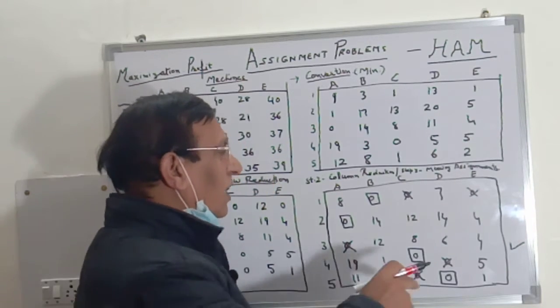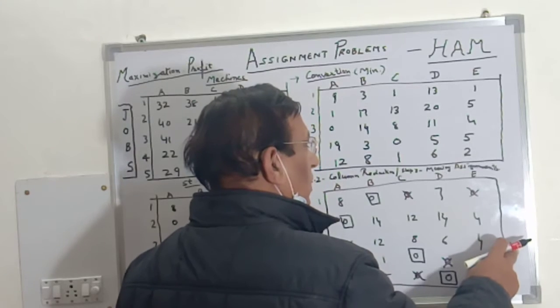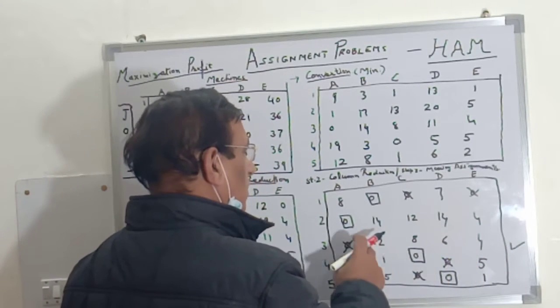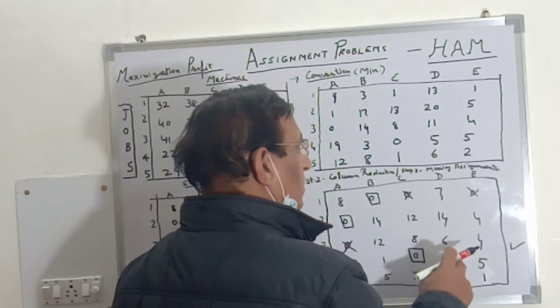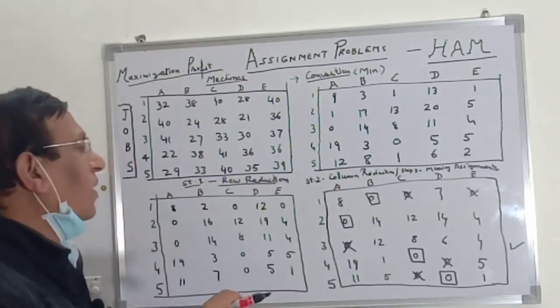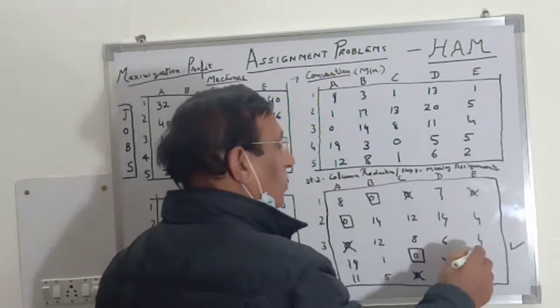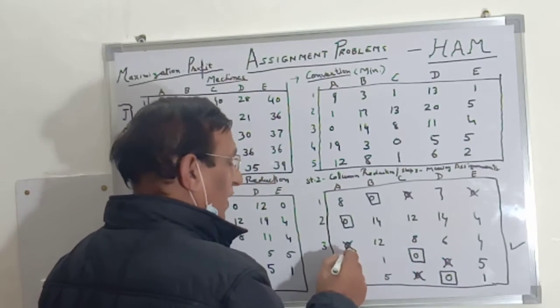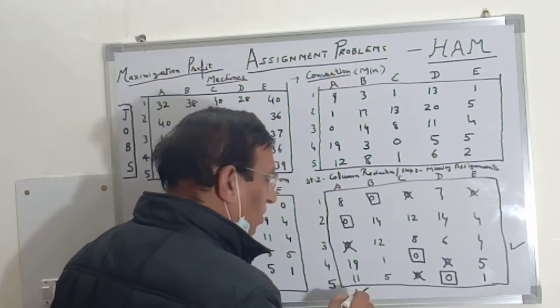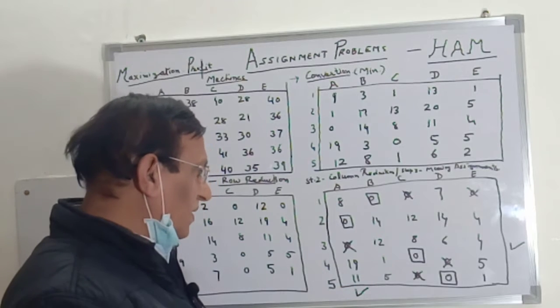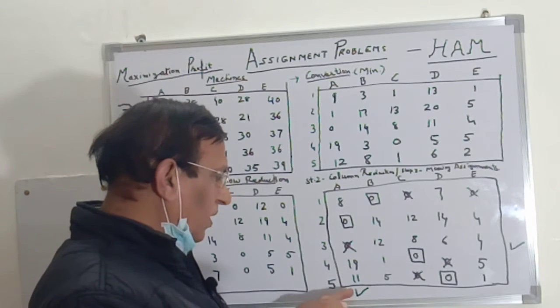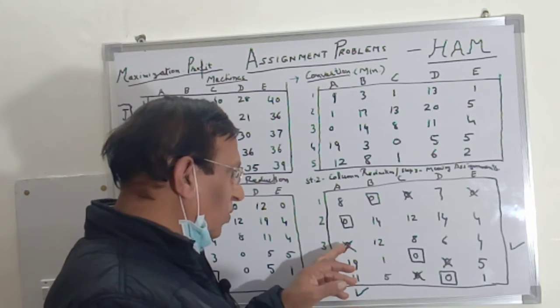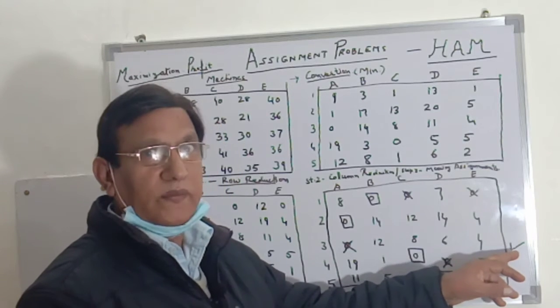Now find the zeros in the marked row. This is the marked row and here is the 0. Then you have to mark this column. So the second step is to mark the column in which there is a 0 in the marked row.